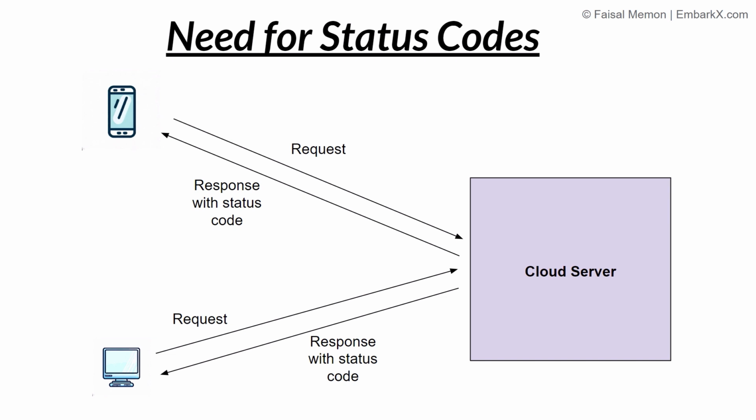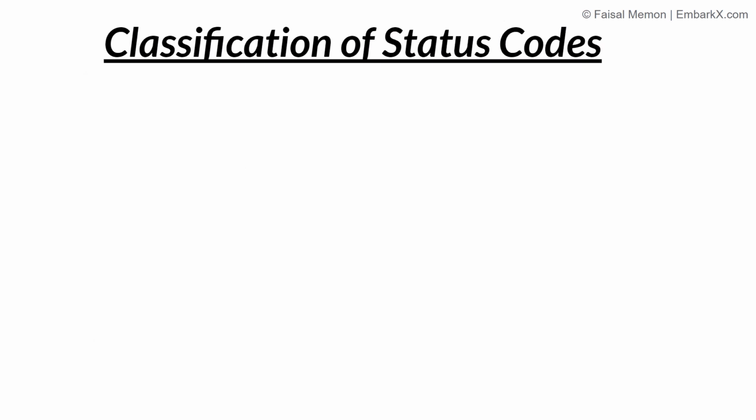And they help us identify the outcome of the request. And status codes can be classified. So there are 5 categories in which status codes can be broadly classified. And the first digit of the status code defines the class of response, while the last 2 digits do not have any role in the categorization.